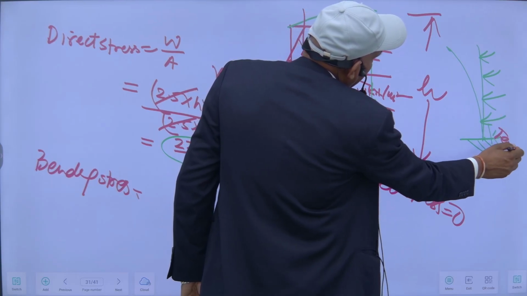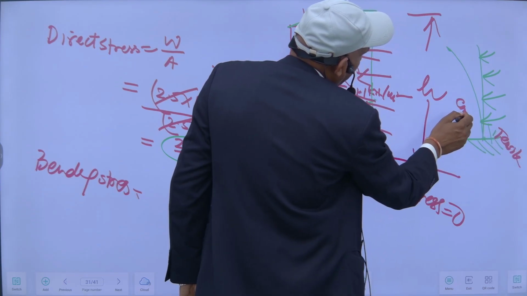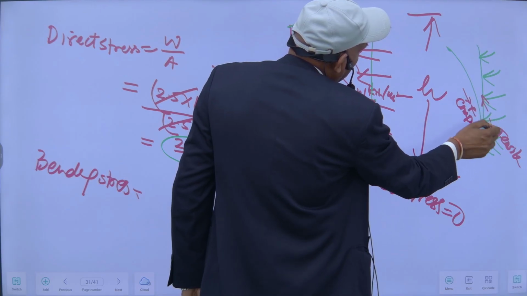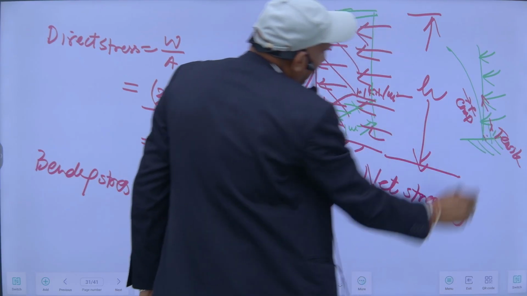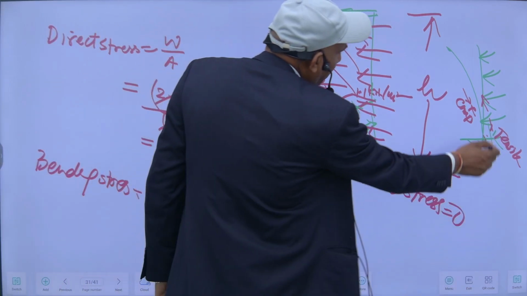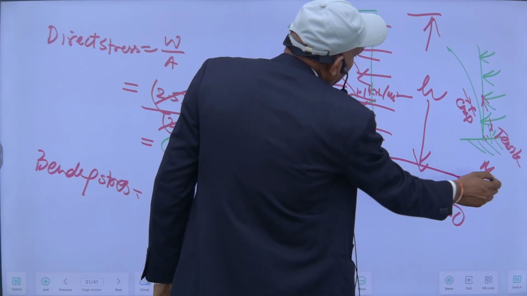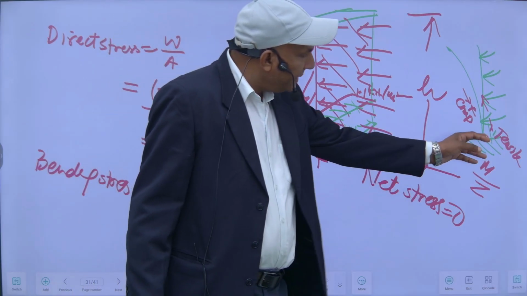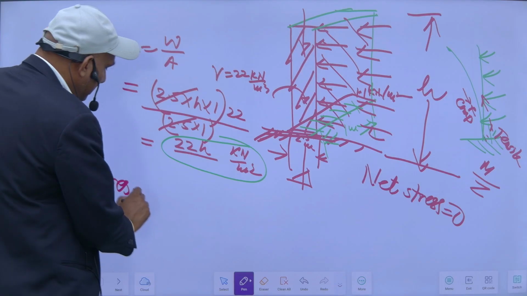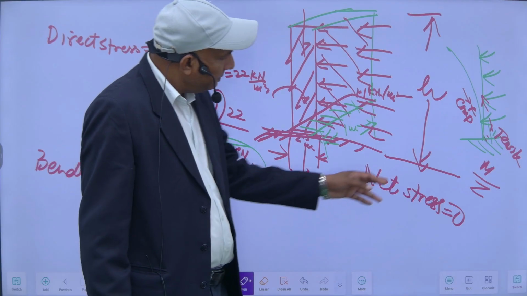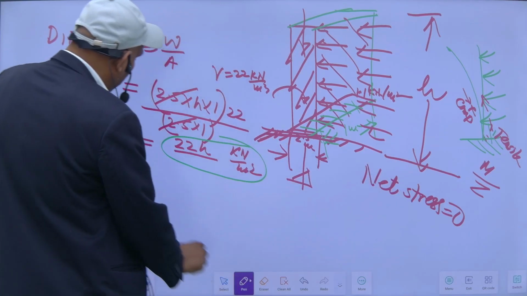This is a vertical cantilever, and compressive stress will develop here. These tensile stresses will be equal to my bending moment here divided by Z. This M upon Z will give the bending stress here. What is the value of Z? This will be tensile, so it will be minus.